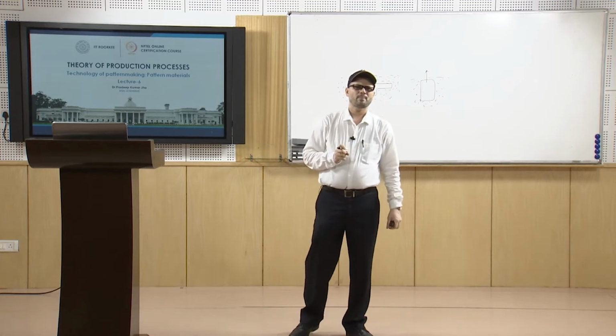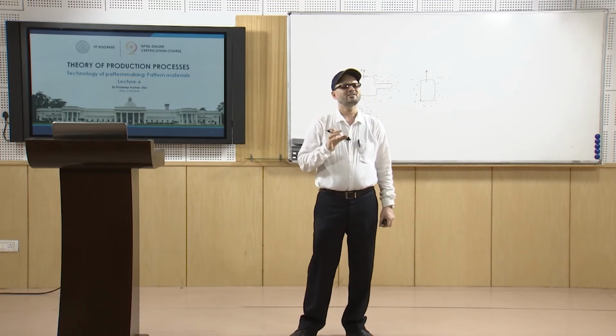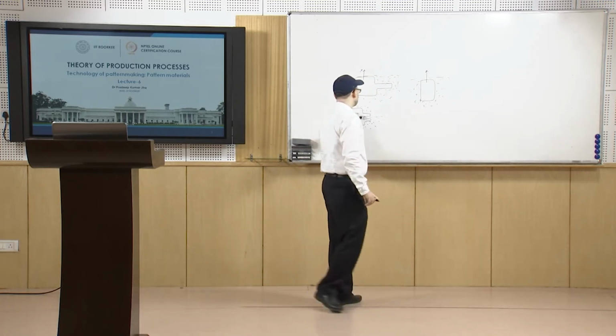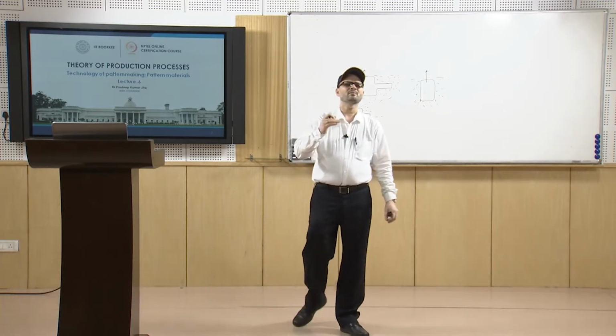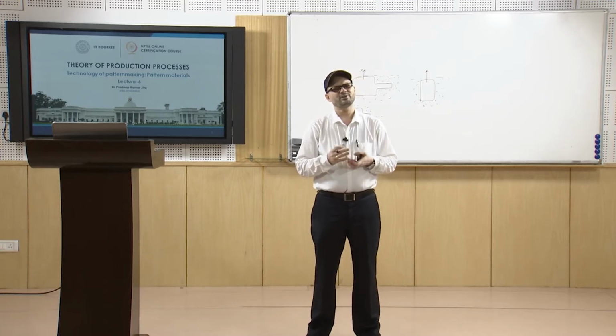Quality of casting produced will depend largely on the pattern material, its design and construction. So, how good the quality of the casting is will depend upon the pattern material. Pattern material may be wood, or other materials, it may be metal.